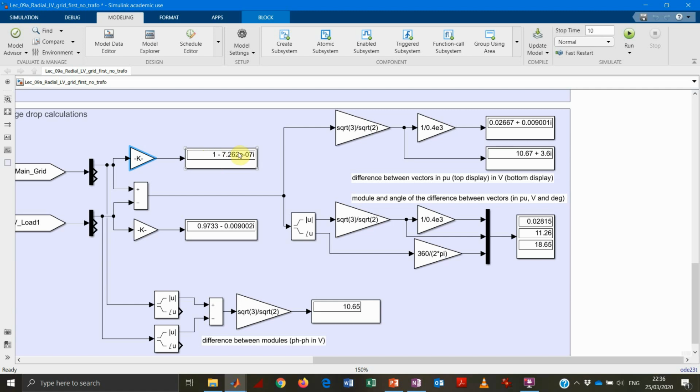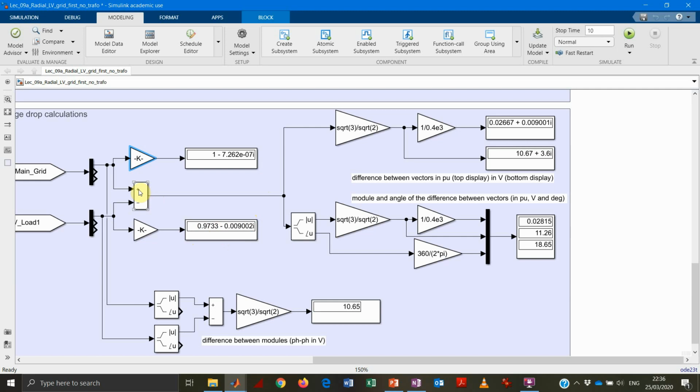That's because I set the slack to be in this way. And the voltage on the load, which we find here down below, is not very displaced. Actually, the angular difference is very, very small. And then I can do all the usual mathematical adjustments in order to get the value that I would like.